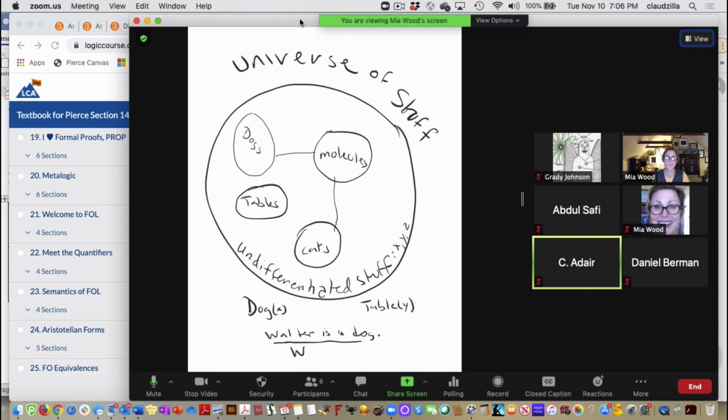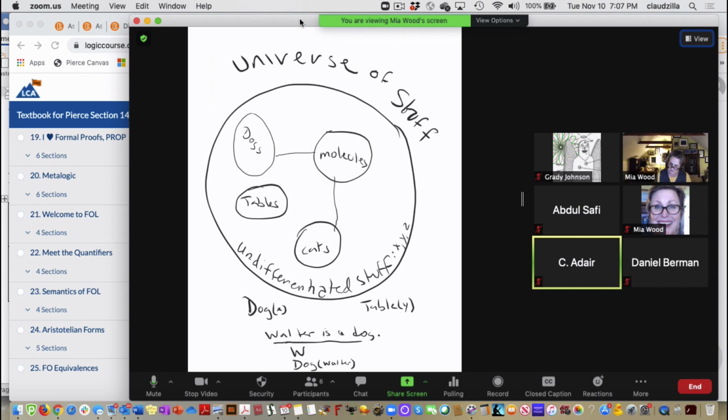We could, though, as long as we're consistent, as long as we have a uniform convention, where in an argument every time we see W, it's Walter is a dog. Or let's say we use D. Every time we see D, it's Walter is a dog. It doesn't matter what letter we use. But we could also include the predicate. Here's one way to do that. We put the predicate of the sentence first, and then in parentheses and lowercase letters, we say Walter.